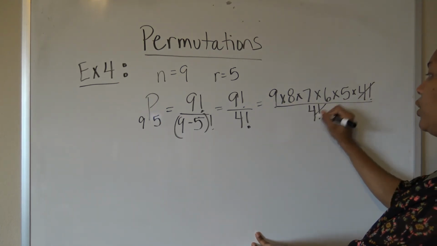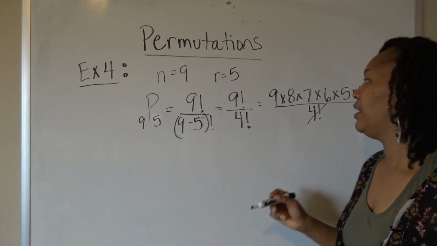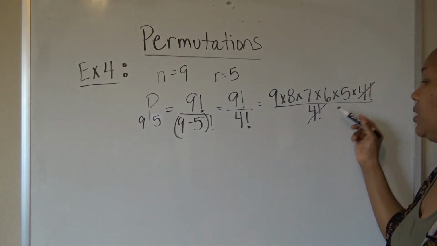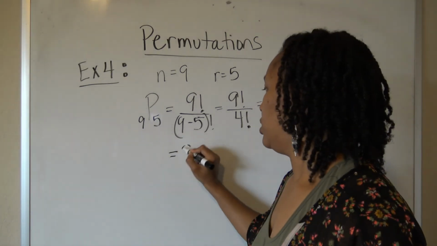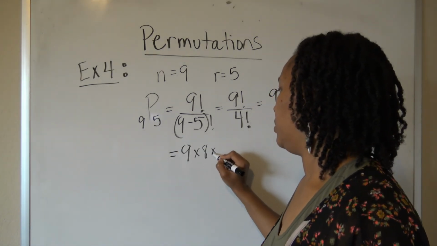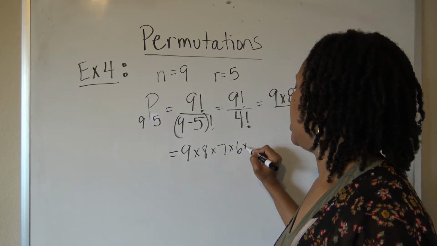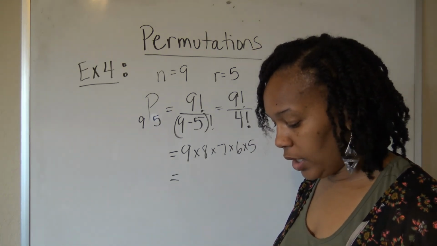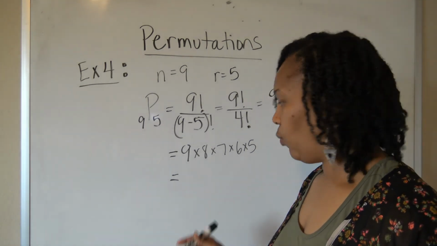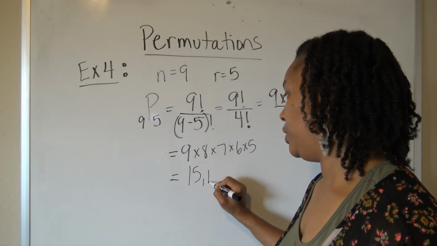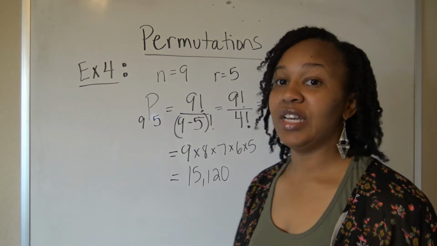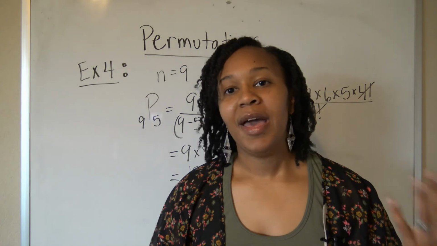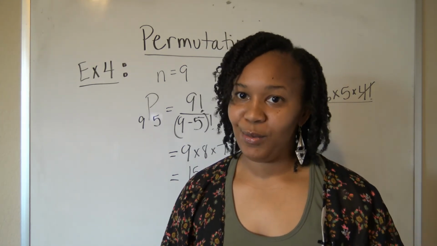The 4 factorials cancel, and that leaves you with 9 times 8 times 7 times 6 times 5. If you multiply that out, you will get 15,120. So there are 15,120 different ways that you can line up 5 bands to perform out of 9 bands. That's a lot of different ways.